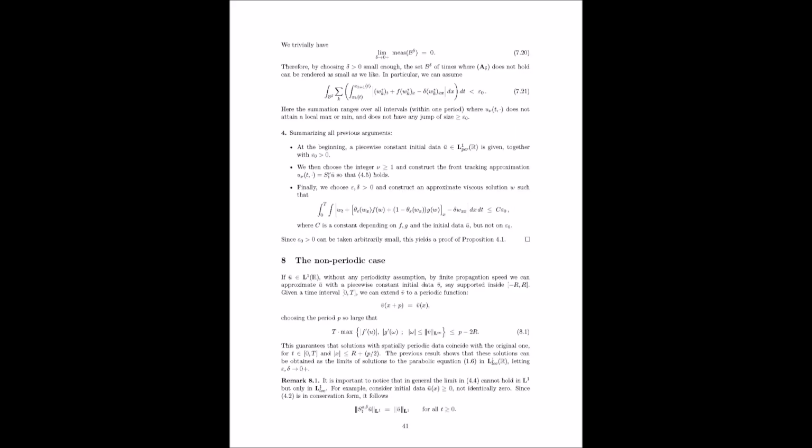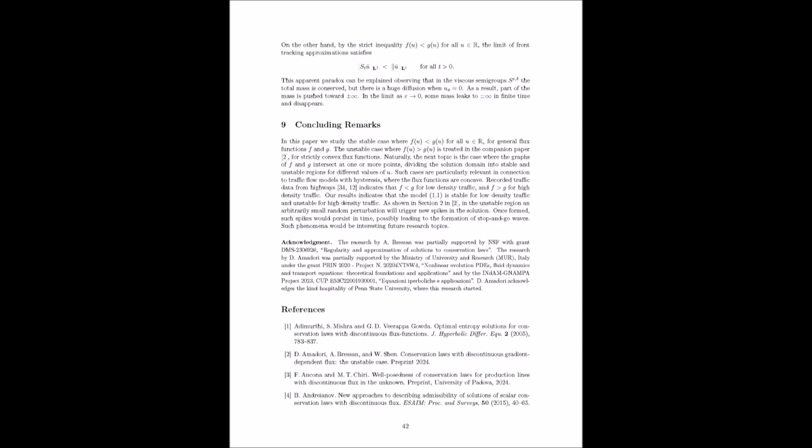So first, W needs to be close to the front tracking solution in the L1 sense, as expressed in equation 4.6. Essentially, for a given tolerance, we want to ensure that the integral of the absolute difference between W and U is less than that tolerance. So we're saying that W needs to approximate the front tracking solution to within a certain error.